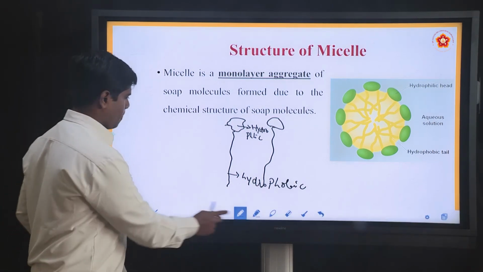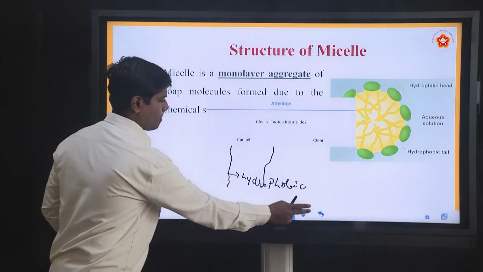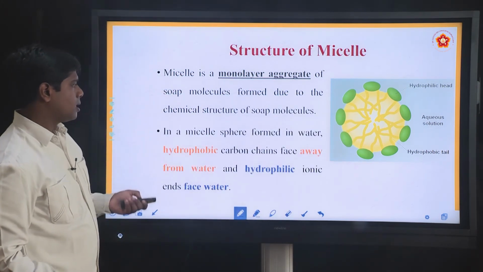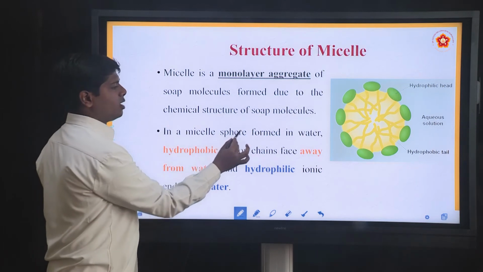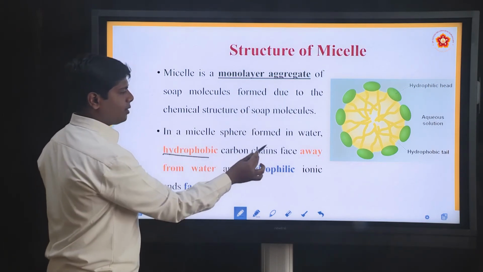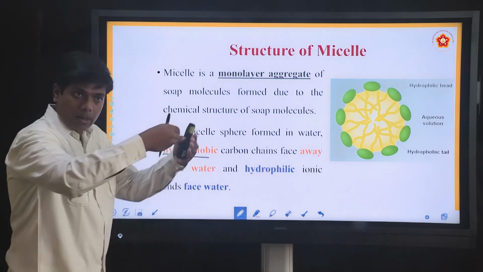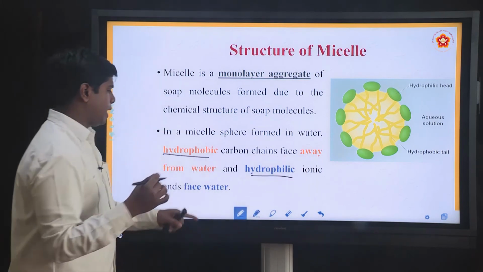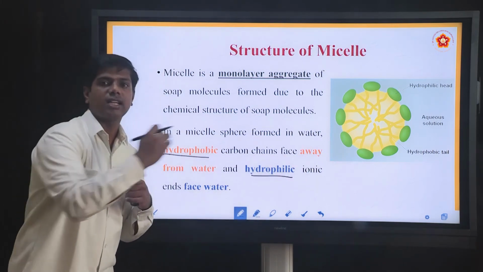Next, in a micelle sphere formed in water, the hydrophobic carbon chain faces away from water, which means it repels from water. The hydrophilic ionic phase is with water, which means it attracts water.